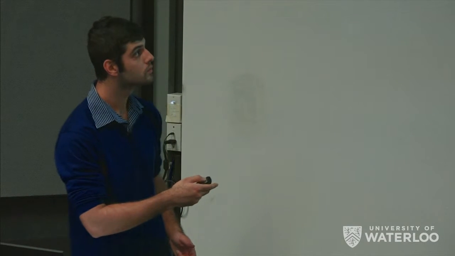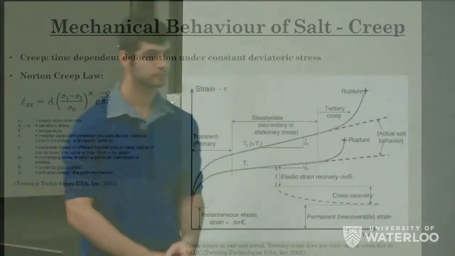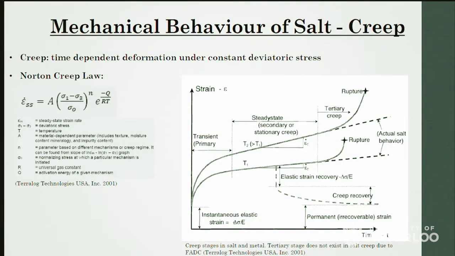Could you go back to the equation for the creep? Yes. Dr. Fraser, the left-hand side of the equation is actually epsilon dot, so it's a rate. In other words, that does handle the different stress states.